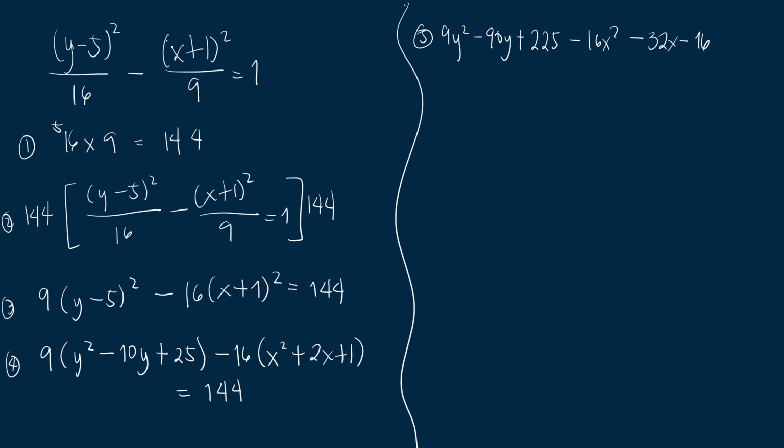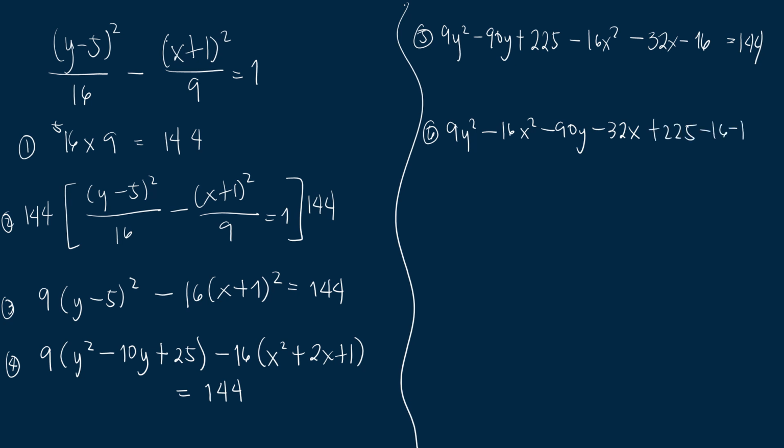Okay? And then, we can now transpose 144 to the left side or still write it as equal to 144. Bakit? A-arrange ko muna kasi siya in such a way na meron akong general equation. So that would be 9y squared minus 16x squared minus 90y minus 32x, then you have plus 225 minus 16.